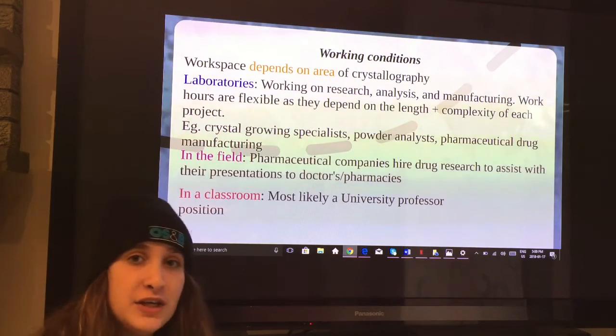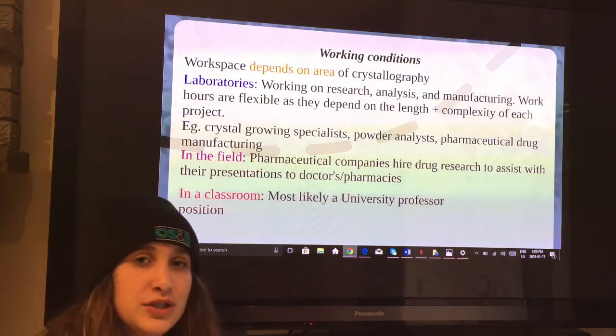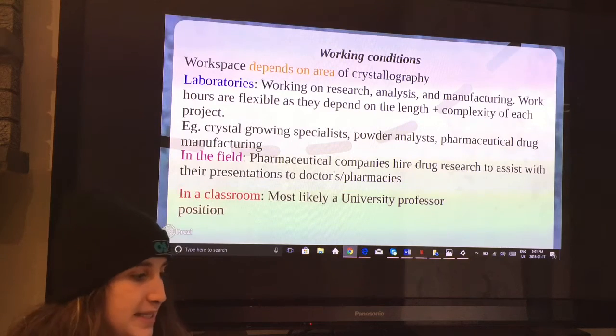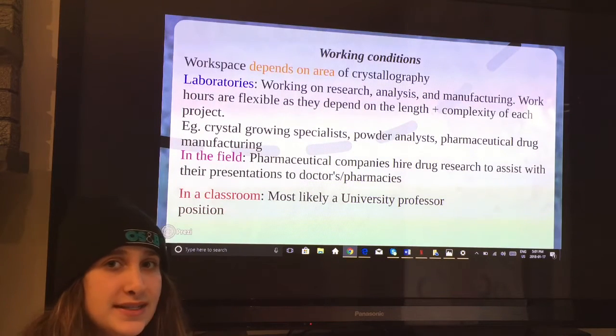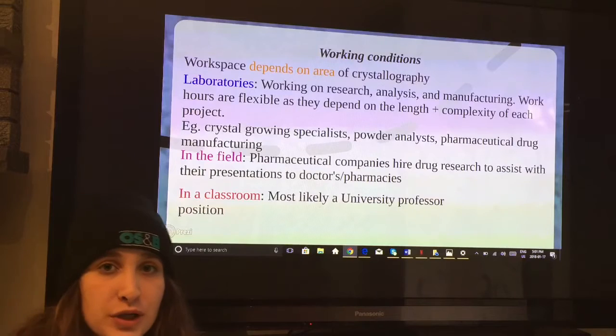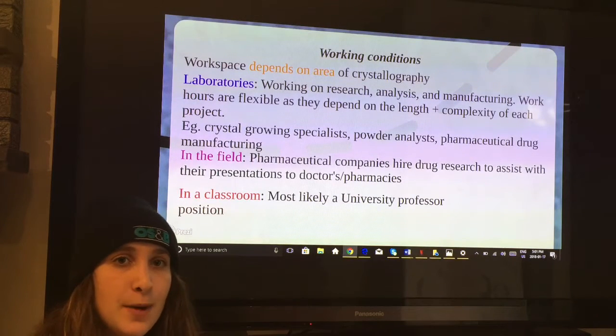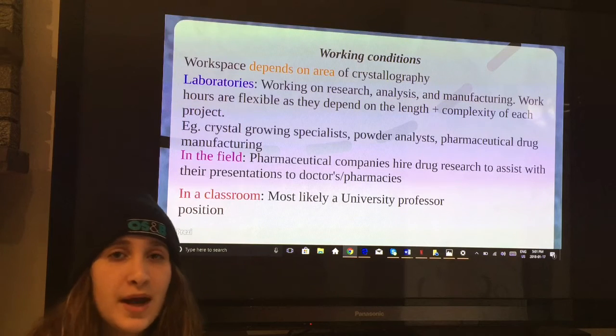But if you're working in the field as a sales or customer service representative of your laboratory or industry, then you are basically going to different doctors' offices and pharmaceutical companies. So again, it's not very much a 9-to-5 job. It's just what kind of appointments you have lined up for the day.